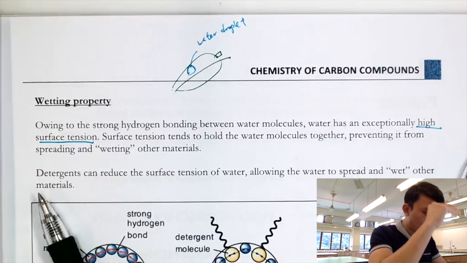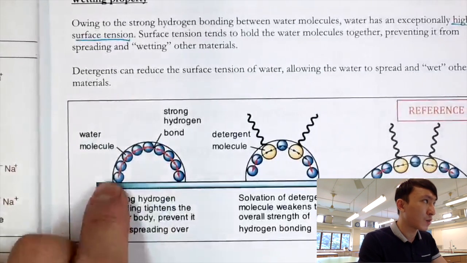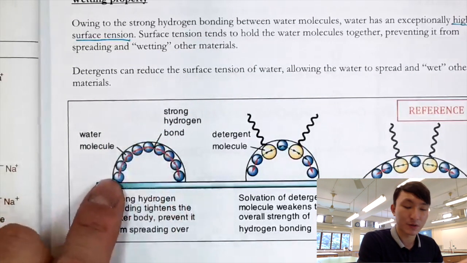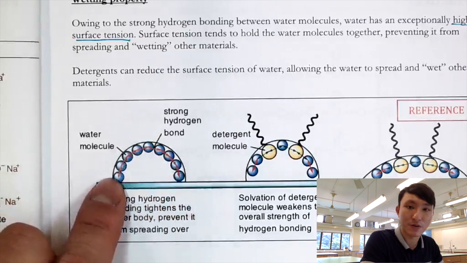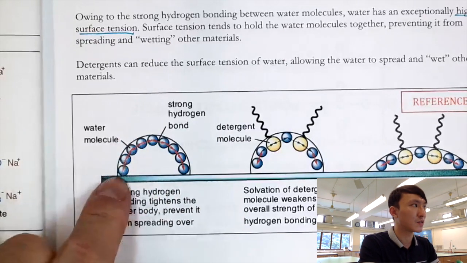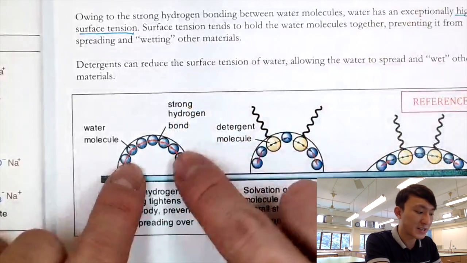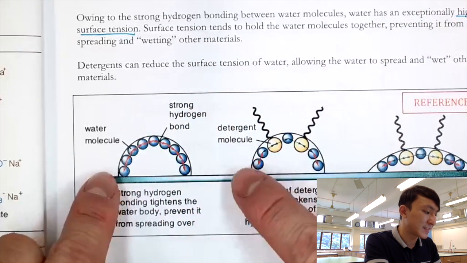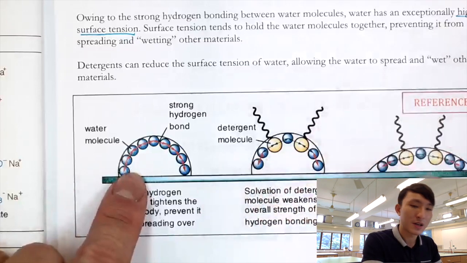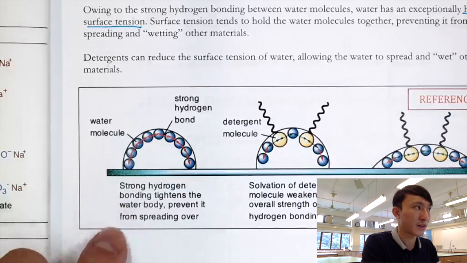Now let's also explain it in form of a diagram. This is what a water droplet, a water bead, looks like. All the water molecules on the surface have very strong hydrogen bonds between each other. So they tighten up the surface, not willing to spread open. Because if it spreads open, it's going to break some of these hydrogen bonds, which needs more force, more energy. So we say the strong hydrogen bonds tighten up the water body, preventing it from spreading over.